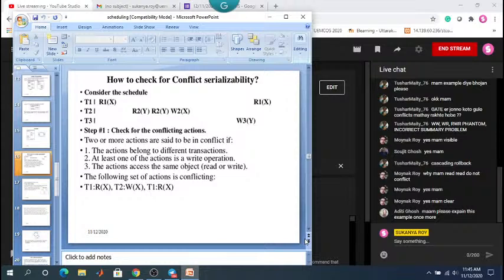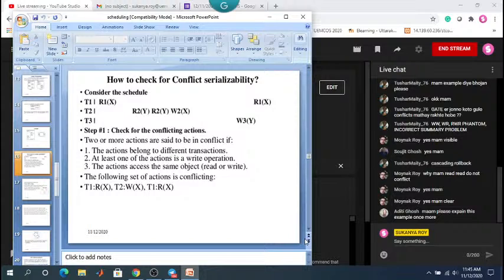Number two, at least one of the actions is a write operation. If one of the operations is a write operation, then we can say it is a conflict. The actions access the same object, that is X. Suppose X is read and written by one transaction, then we can say it is conflicting.